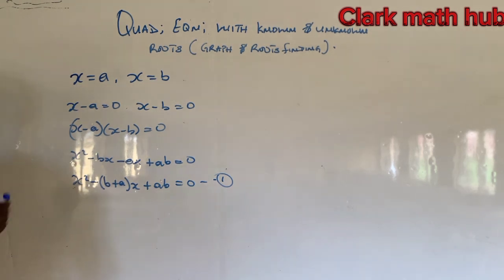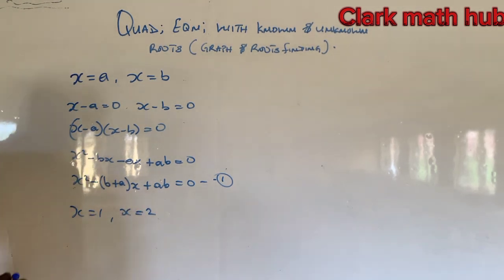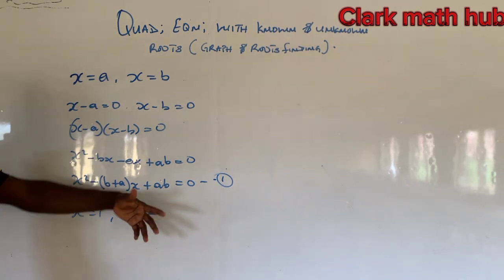Let's say we have x equal to 1 and x equal to minus 1 as the roots of a quadratic equation. We want to find the equation that forms this.